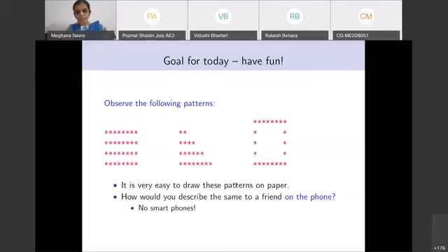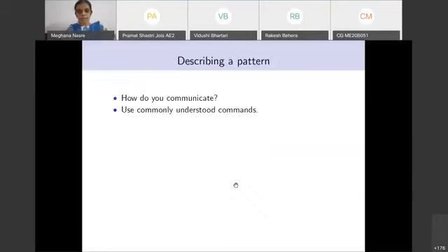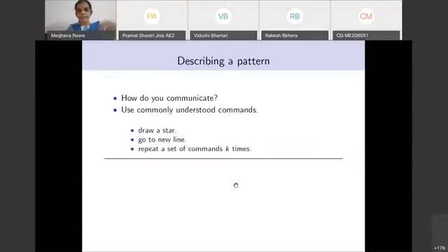So what I want to bring out is that the rule we had decided was that we will use only these commands: draw a star, go to a new line, repeat a set of commands k times. Can somebody say whether we really used only these commands when we were drawing these patterns, or did we use some additional commands?